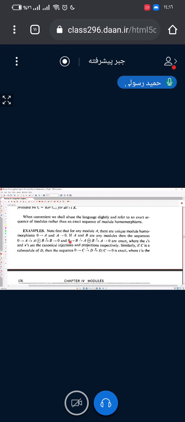Image of L is the set of all L of a such that a is in A. This equals the ordered pairs (a, 0) such that a is in A. On the other hand, kernel of P is the set of all (a, b) belonging to A direct sum B such that P of (a, b) equals 0.